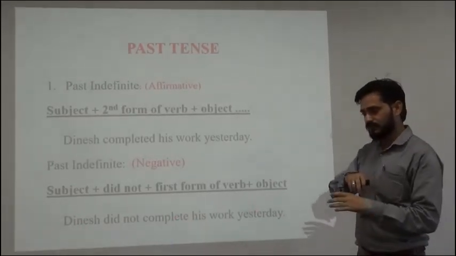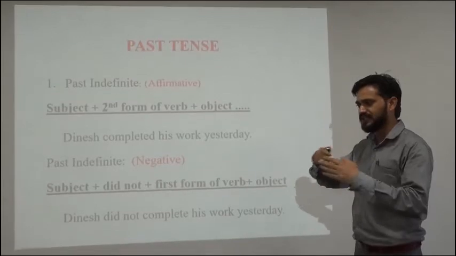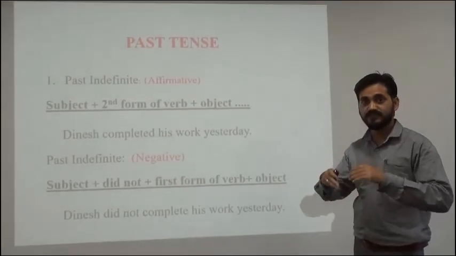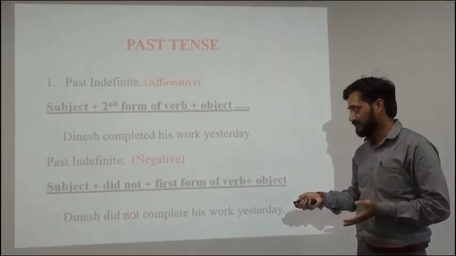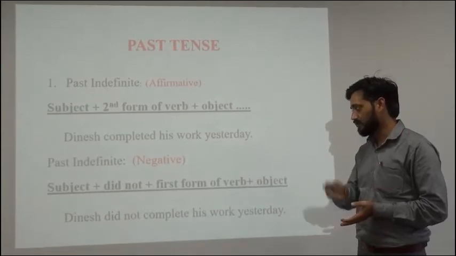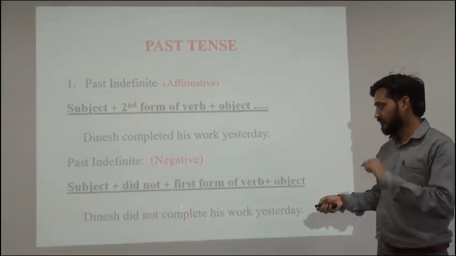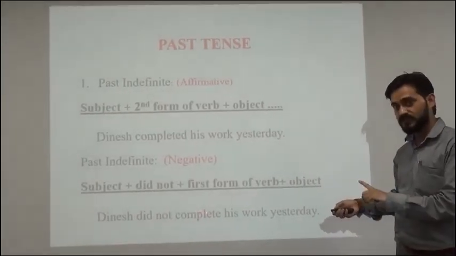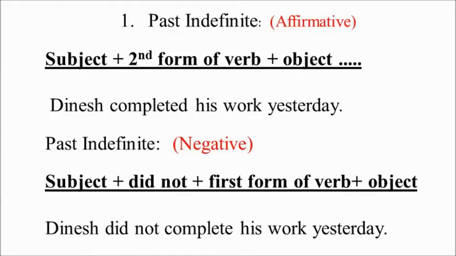Now you are just giving a negative view, expressing yourself in negation using this specific form of did not, and with did not you are using the first form of the verb with the subject. So the pattern is: subject, did not, first form of the verb, object plus time.